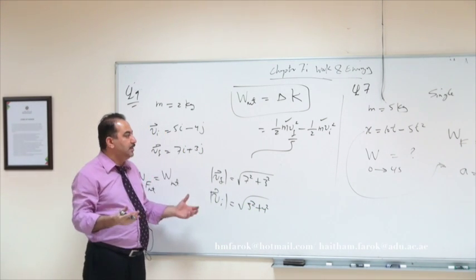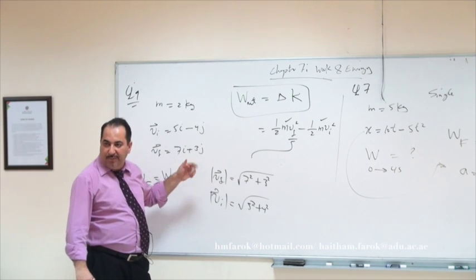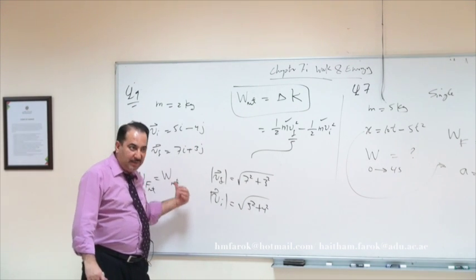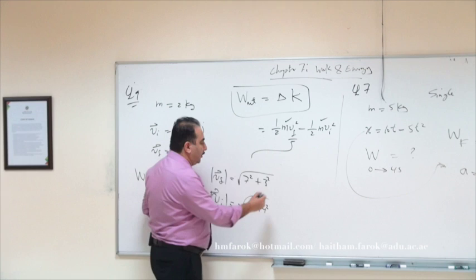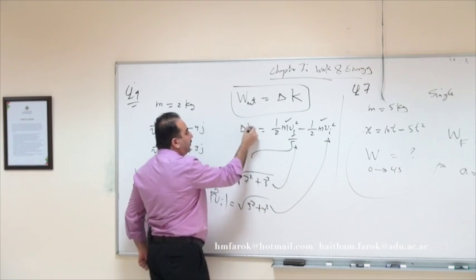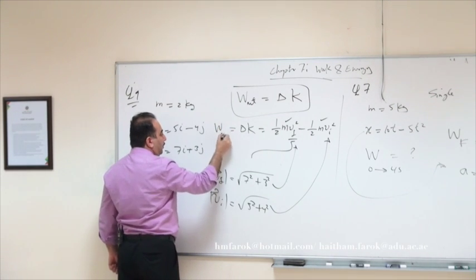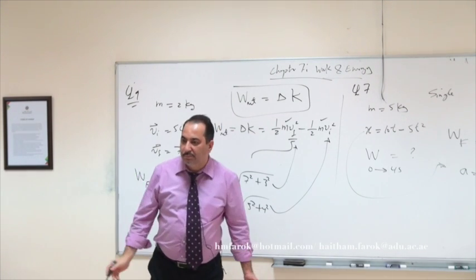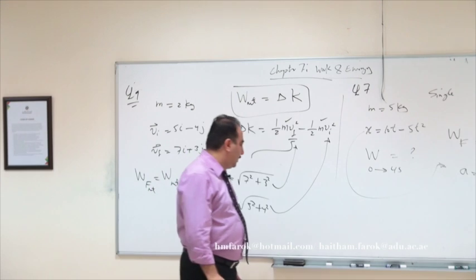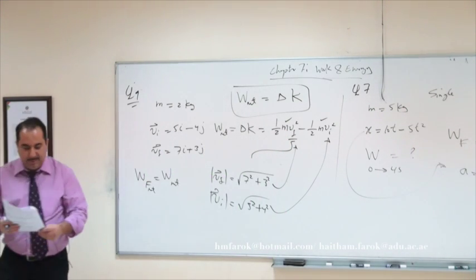So the idea of this question is that when it comes to v initial and v final, and you have the vectors, evaluate the magnitude and substitute. You put a value here and a value there, and you find the change in kinetic energy, which is equal to W net. So this is the idea of question 9.